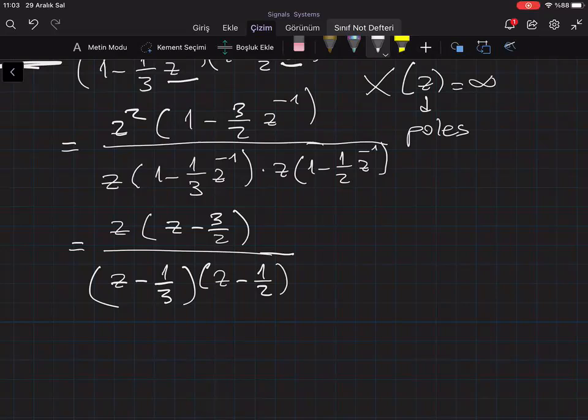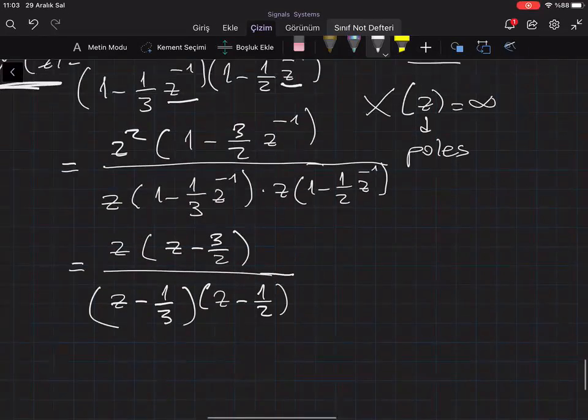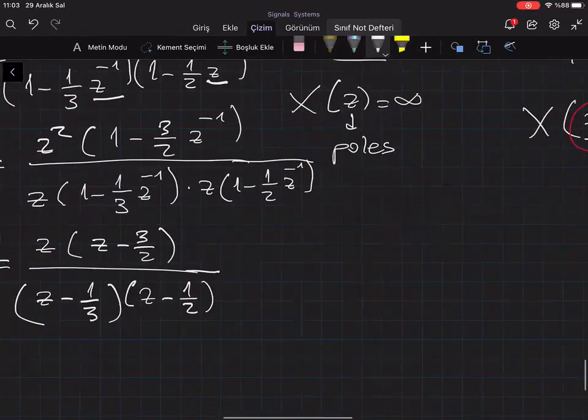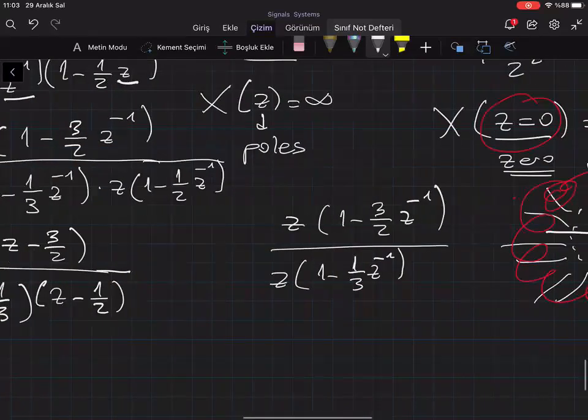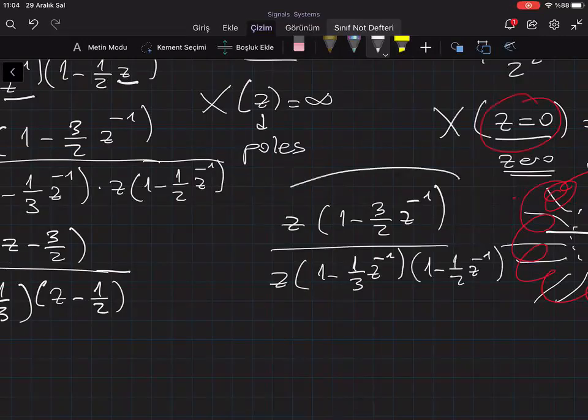Professor, why did we multiply with z squared, not just z? Let us try it, Nurefşan, and see if you multiply by only z. z times 1 minus 3 over 2 z to the power minus 1, divided by z times 1 minus 1 over 3... What will this part do? z minus 3 over 2.